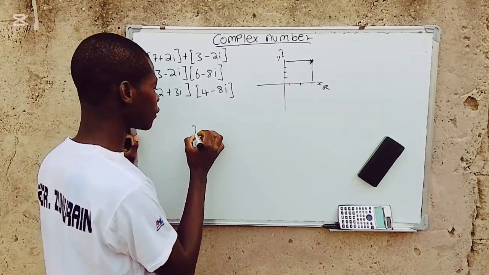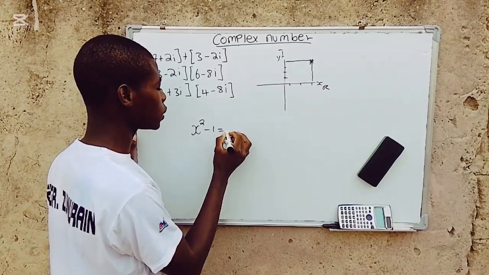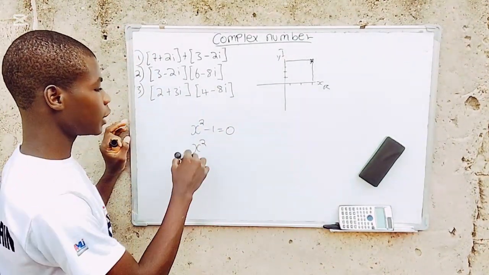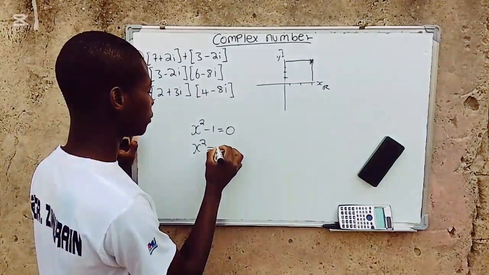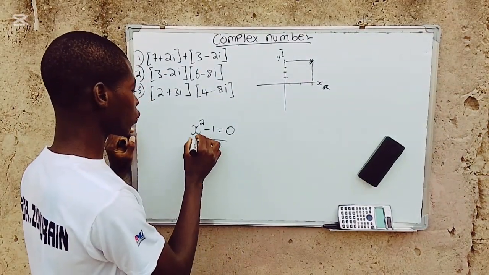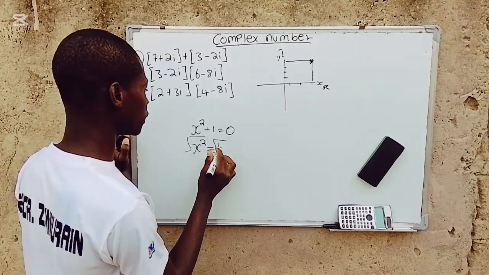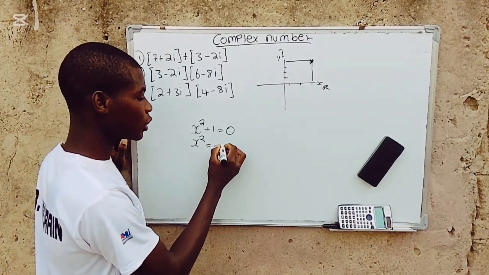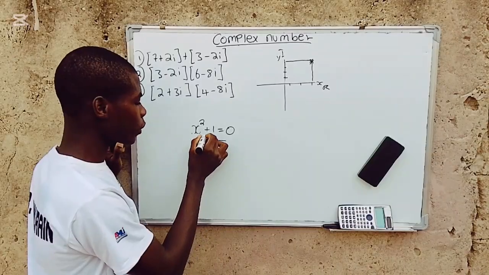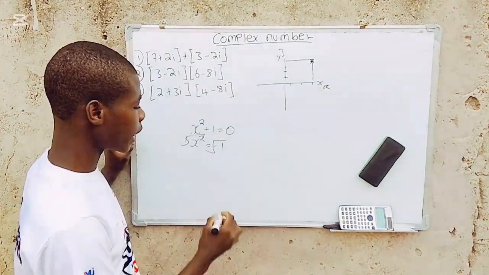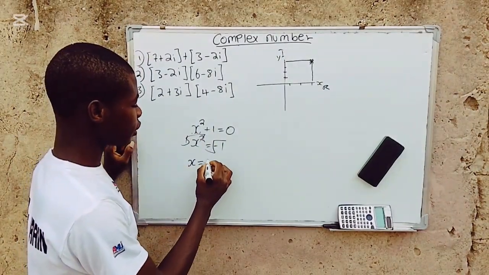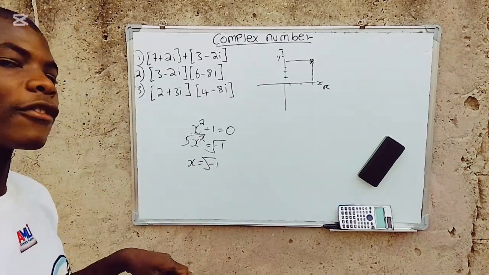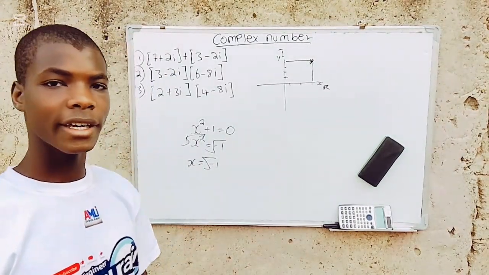If we take x squared plus 1 equals 0, then x squared is equal to negative 1. If I take the square root of both sides, the square cancels the square, and x equals the square root of negative 1, which is not a real number.